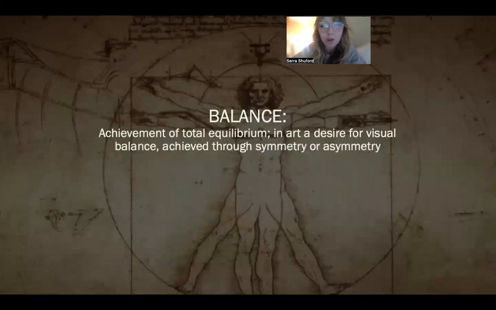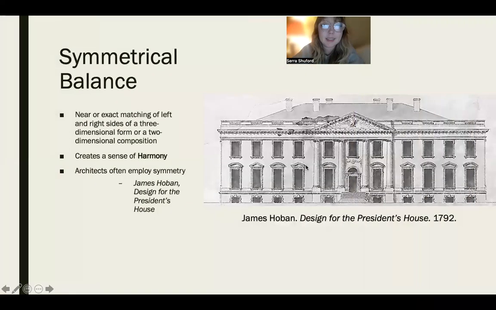And one of our final elements or principles we'll talk about is balance. And this is achieved by total equilibrium in art, a desire for visual balance achieved through symmetry or asymmetry. So symmetrical balance is next to or exactly matching our left to our right sides of a three-dimensional form or a two-dimensional composition and creates a sense of harmony. So architects do this a lot. Architectural work is a lot of the time symmetrical.